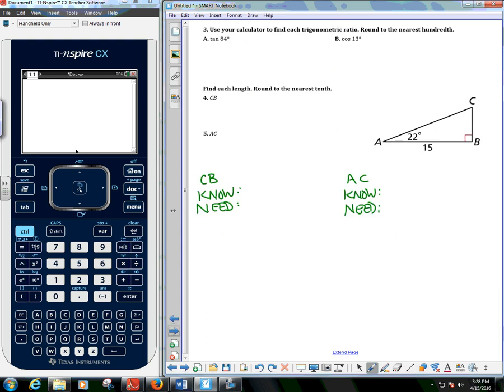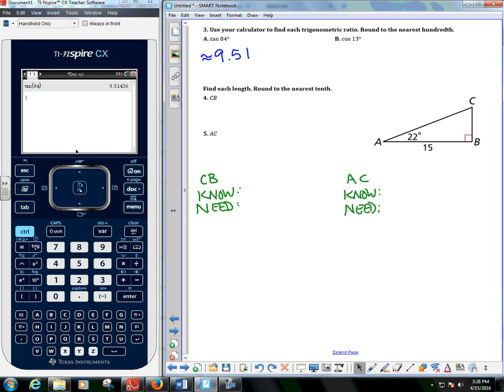Moving right along, use your calculator to find each trigonometric ratio, rounded to the nearest hundredth. So I'm going to come over to my calculator, hit tangent, enter, and I need to know about 84 degrees, and it says 9.514. So 9.51. 4 is not big enough to round that other number up.